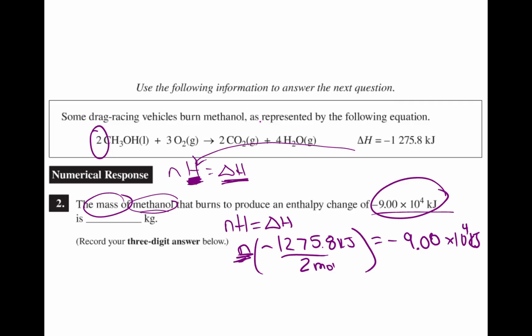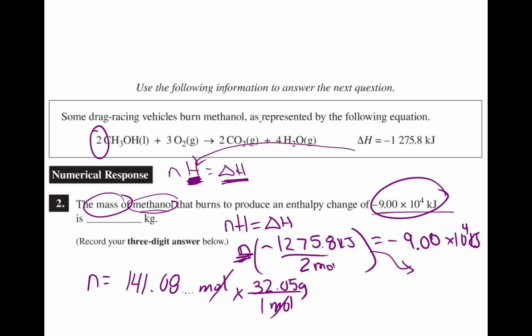So we'll get n alone by dividing this all over to the other side, and at this point we get this value that's 141.08. This number will keep going, don't round too early, and we want to multiply this by the molar mass of methanol, which is 32.05 grams per 1 mole.